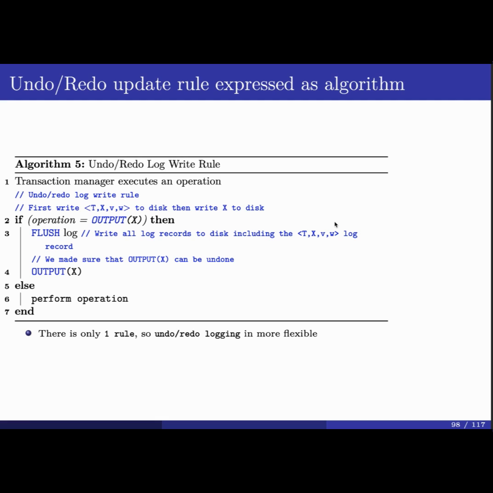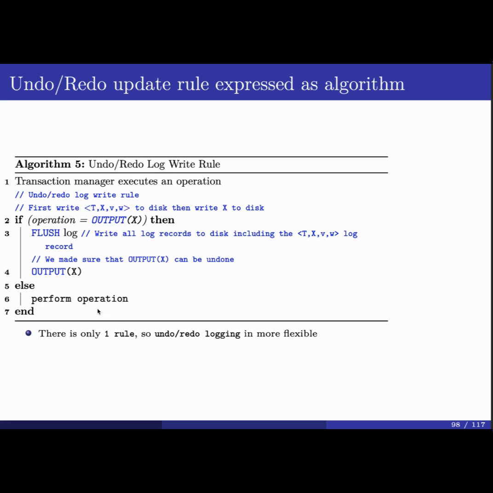Because I need some useful information to help me recover from the crash. Before I modify anything, it tells me that I want to modify the database element, and this is the old value, this is the new value. Write this somewhere, then start modifying. If you didn't manage to do this, I can't go back to the log file and use this information to recover from the error. Then after that, you can output to modify the database elements.